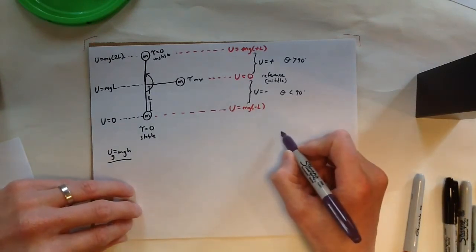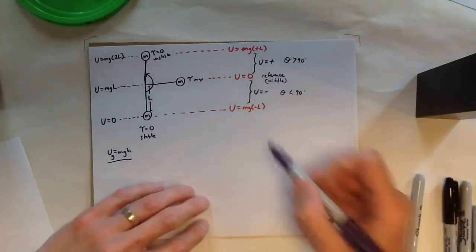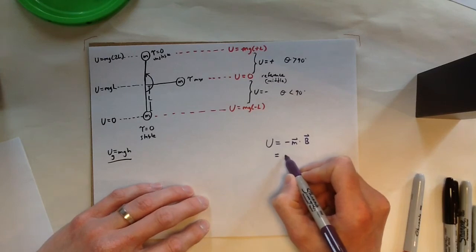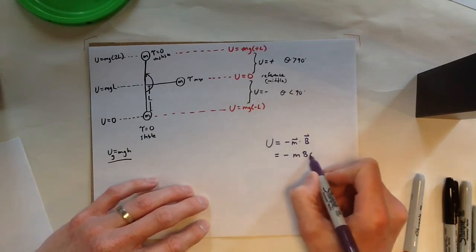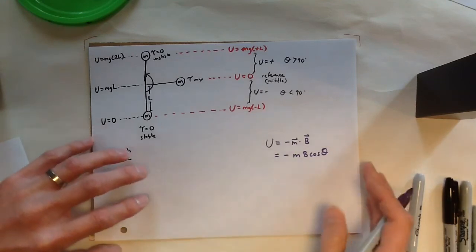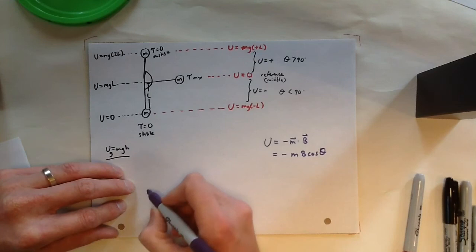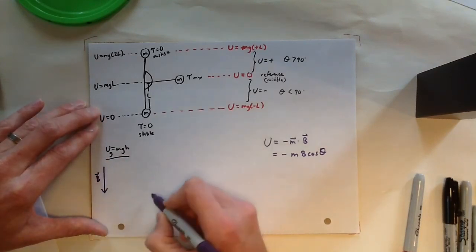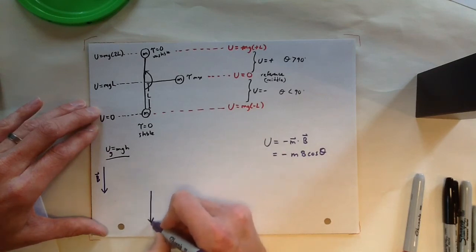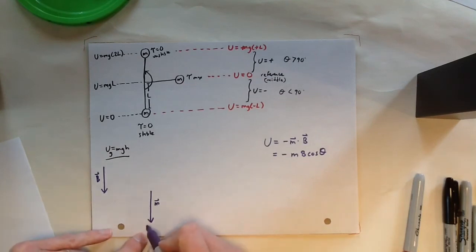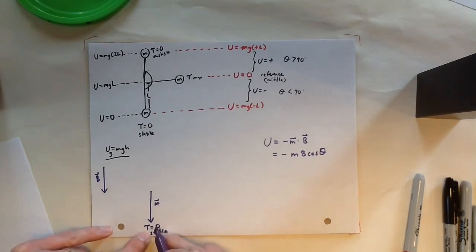When we're saying U equals minus m dot B, or U equals minus mB cosine of theta, okay? If we look at that, we realize that if we draw the magnetic field as being downward, then when the magnetic dipole points down like this, that's the torque of 0 state, where it wants to be, it's perfectly stable there.